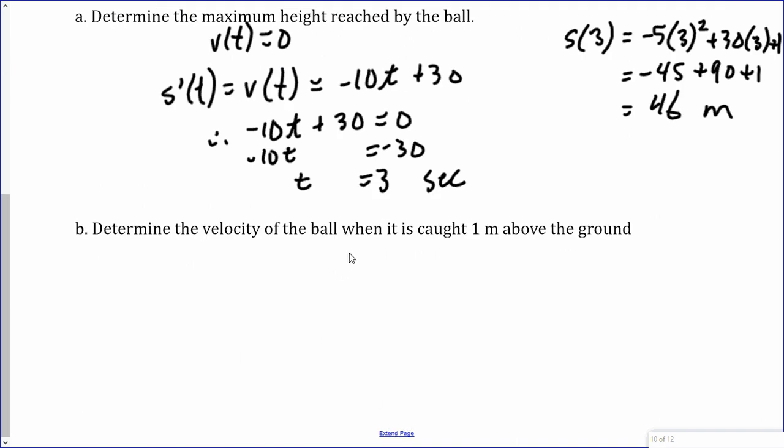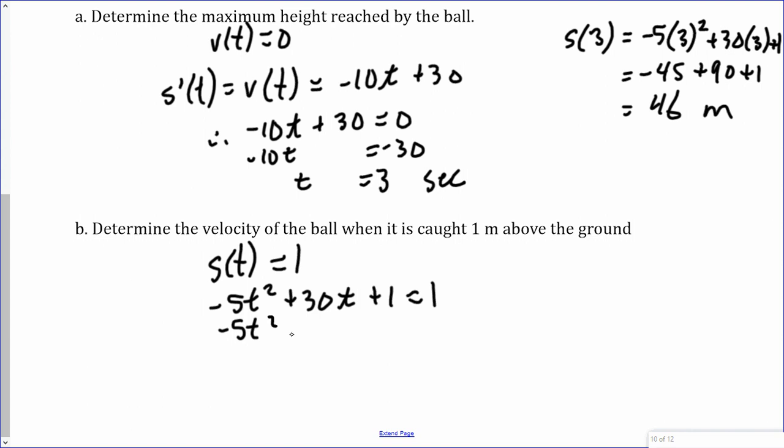So I need to find the time when it's 1 meter above the ground. So I need to find negative 5t squared plus 30t plus 1 equals 1. It looks like I can solve that quadratic without using the quadratic formula.